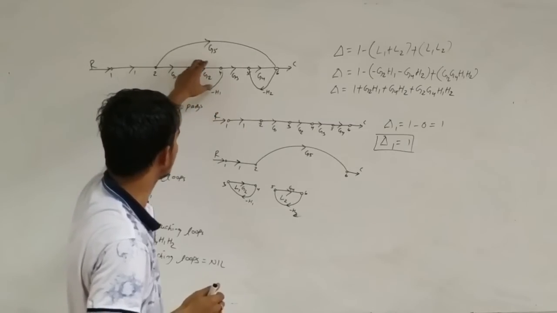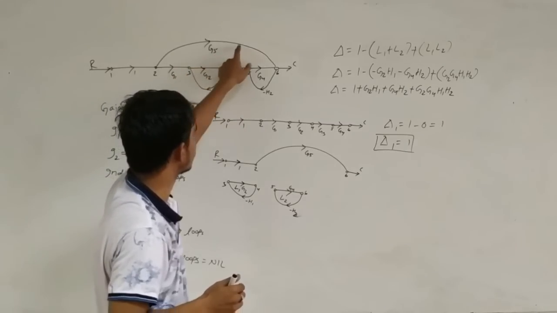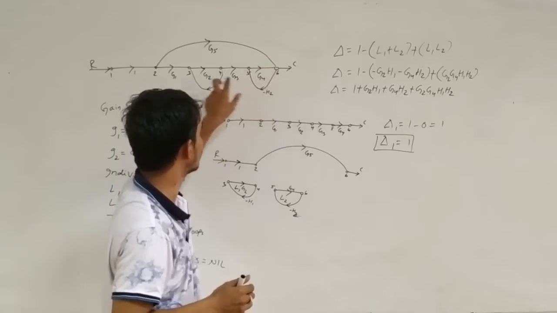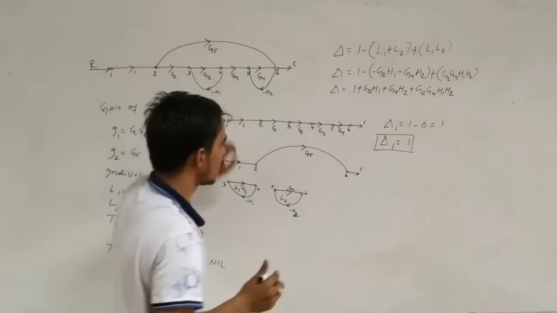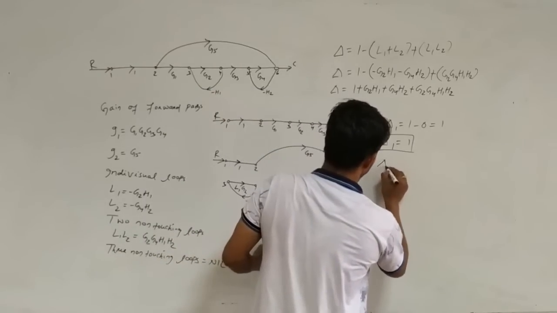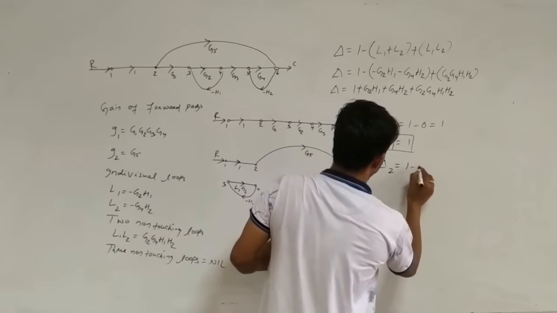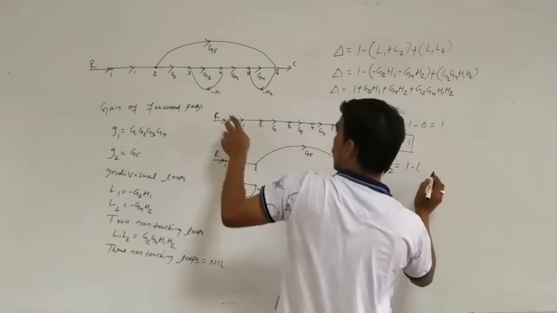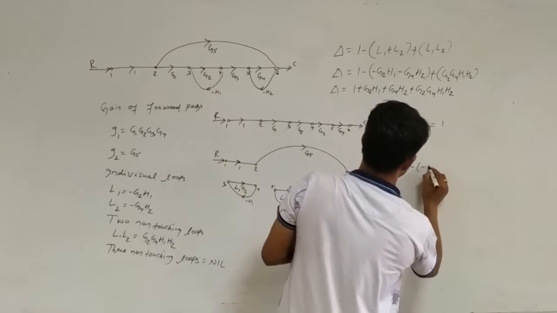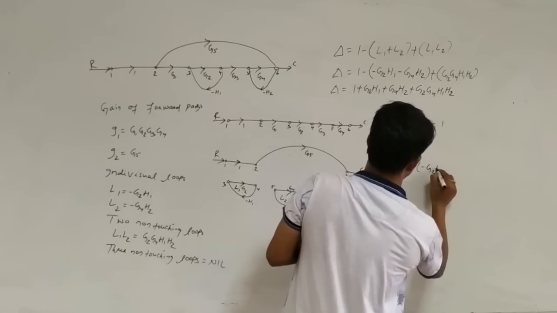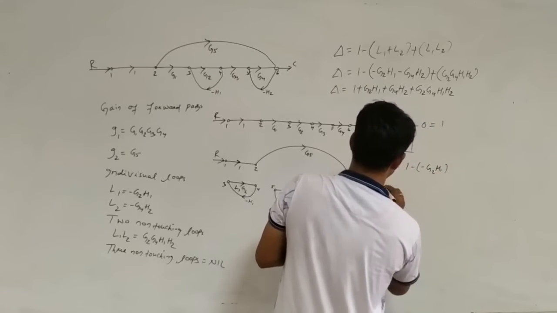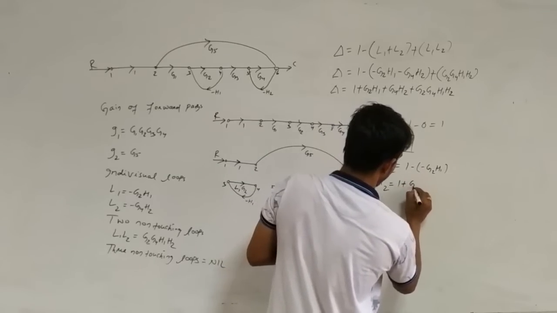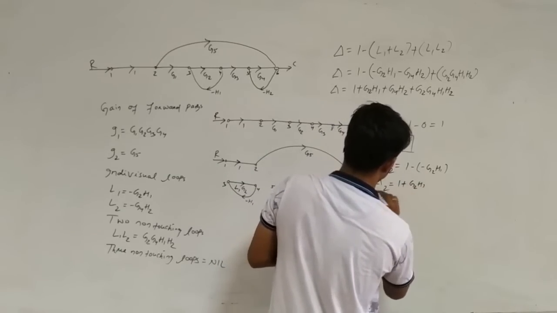See, this loop is completely not touching this forward path. This loop is touching this forward path, but this one is not. So delta 2 equal to 1 minus minus G2 H1, so minus multiplied, 1 plus G2 H1.